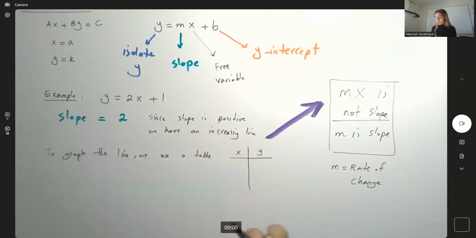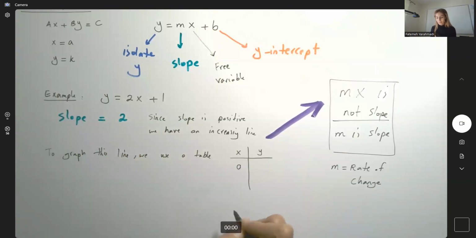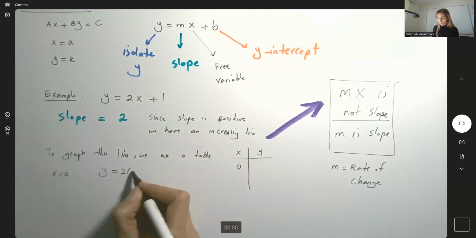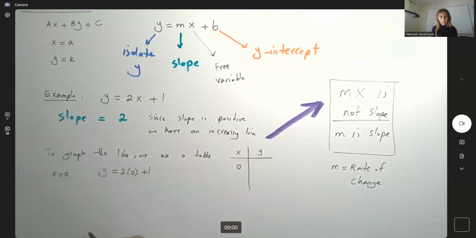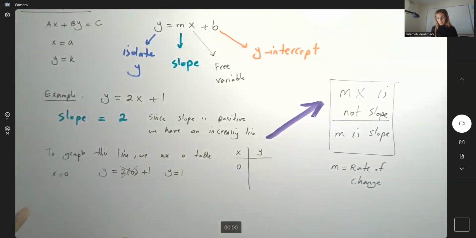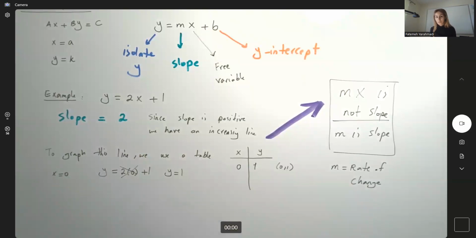So let us plug in 0 for our x. When x is equal to 0, my y becomes 2 times 0 plus 1. As you remember, multiplication comes first. So 2 times 0 is 0, and your y becomes 1. When x is 0, your y is 1. This is the very first point on your line.